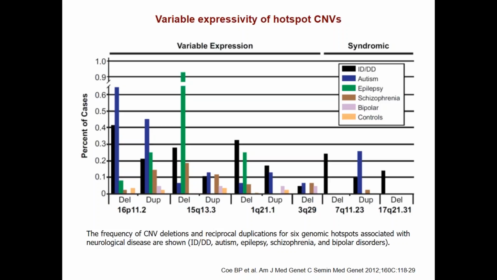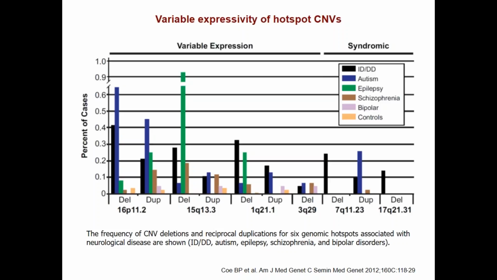So again, this is just to show you that these things are quite common, both in a pathogenic form and in a benign form. Also, these CNVs can have variable expressivity. So this is a list of some of the recurrent CNVs, or microdeletions or microduplications, and they are named after the chromosome band.